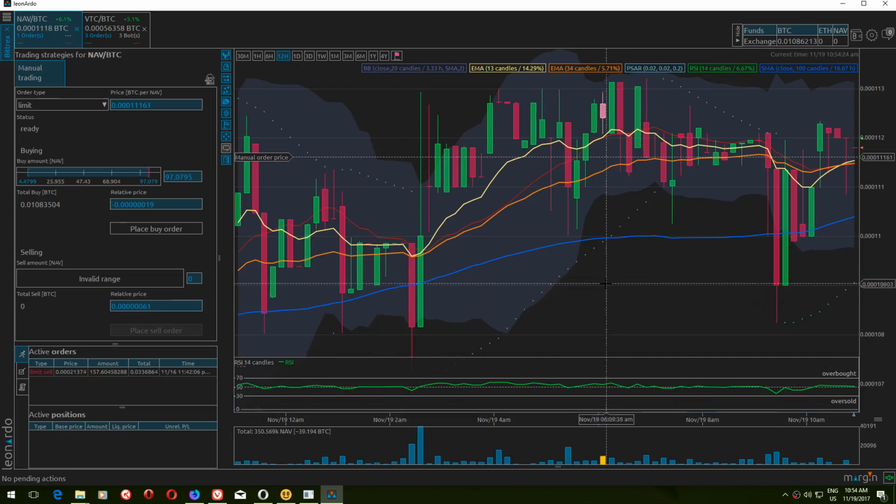Now, you can see the layout of Leonardo. You have the candlestick graph showing. I currently have the pair NAV and VTC listed. It can tell you the current price of the coin and what's going on with this coin in the last 24 hours, and then you have the graph and the time frames.